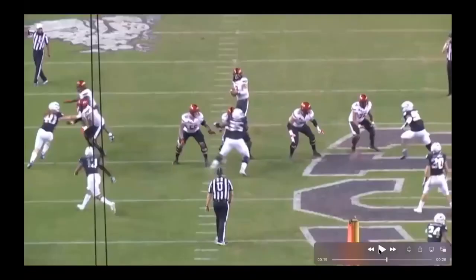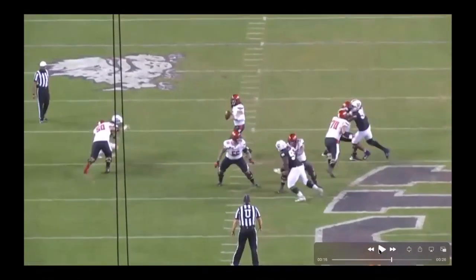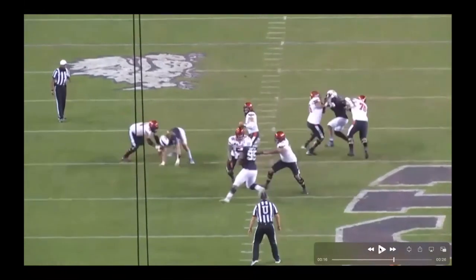Yeah, I see where you're going. So the point I'm making, and I guess the question I'm asking, because I don't know the answer: can we throw a flag on a fouling action, which I believe we can? Had I been looking at this, I would have easily thrown my flag because it's clear and obvious this dude got yanked down, but I can't see the right tackle's hand to confirm that.